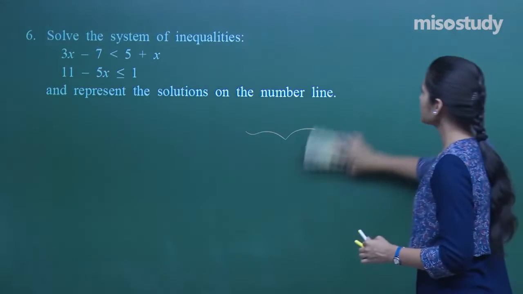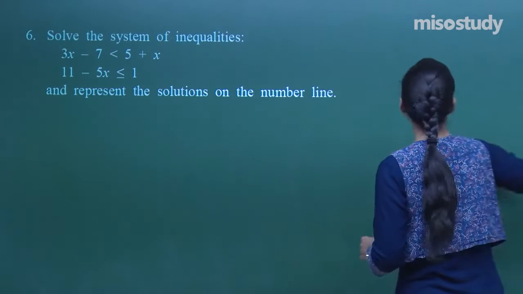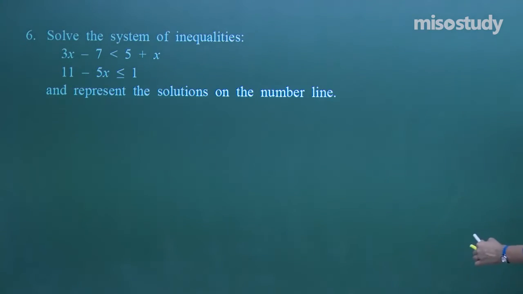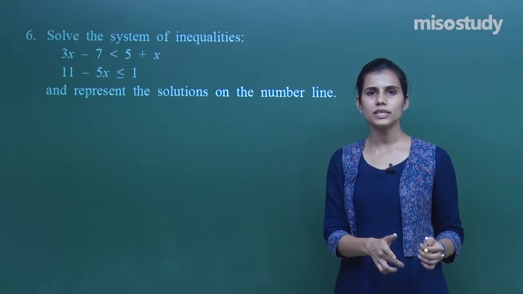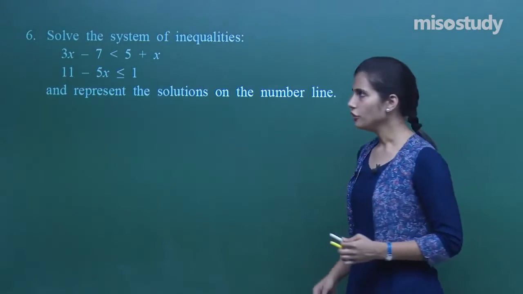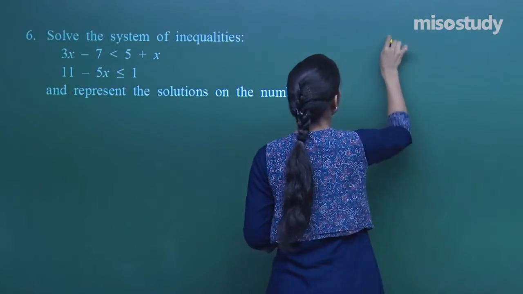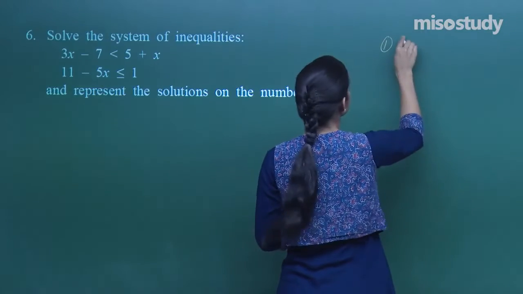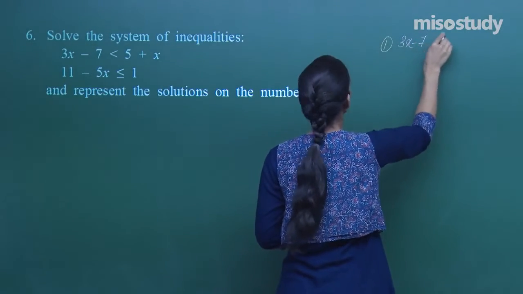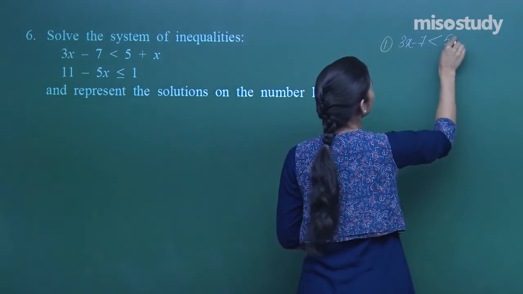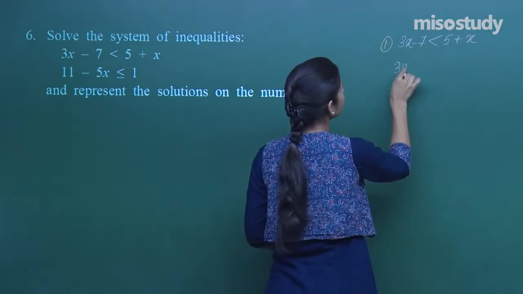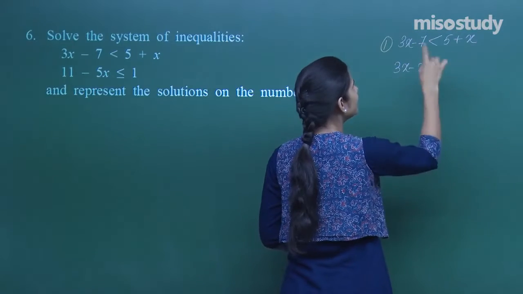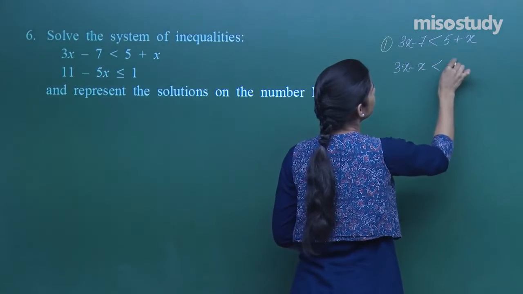Here also a system is given to you, so you will be individually first solving both the inequalities, obtaining the solution sets, taking the intersection, obtain the solution set of the system, then plot it on the real line. So one, I have 3x minus 7 is less than 5 plus x. Subtract x from both sides and add 7 both sides.